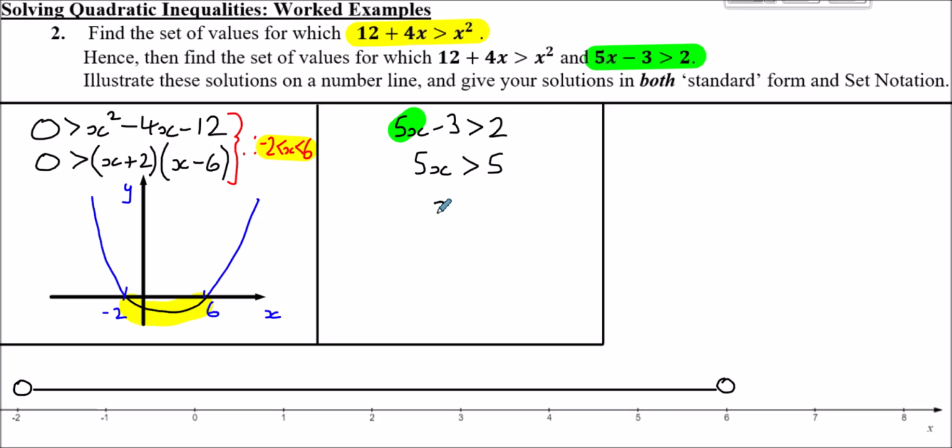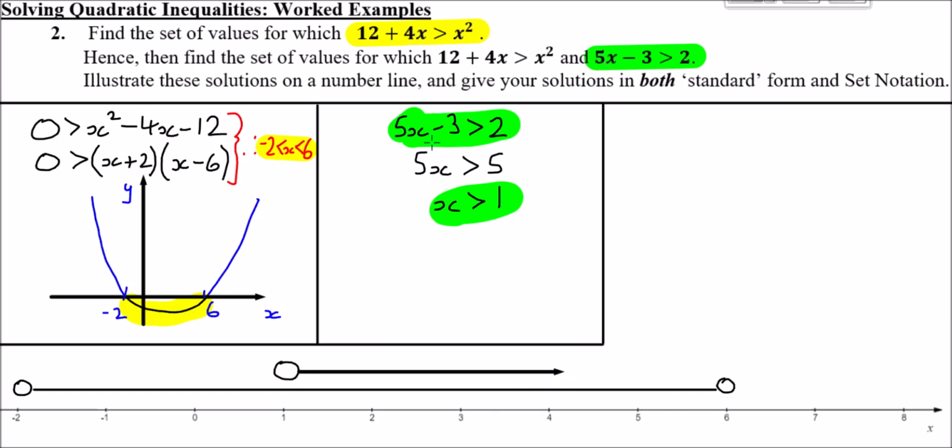Dividing by 5 shows that x must be greater than 1. So this solution here ends up being just x greater than 1. So we put a circle on top of where it says 1 here, and then an arrow pointing in the greater than direction. So this solution is going to be like this.